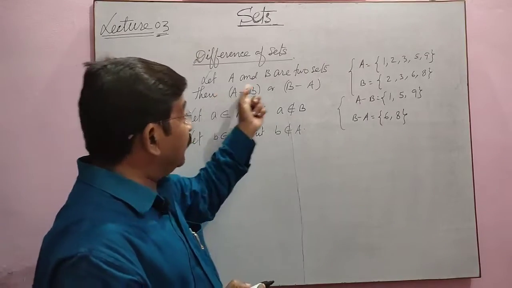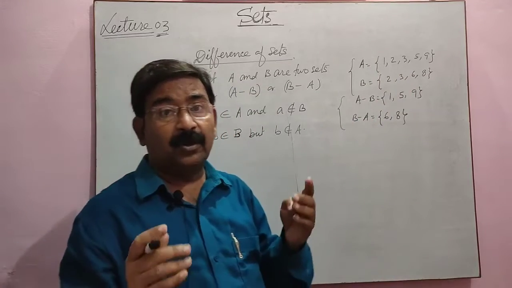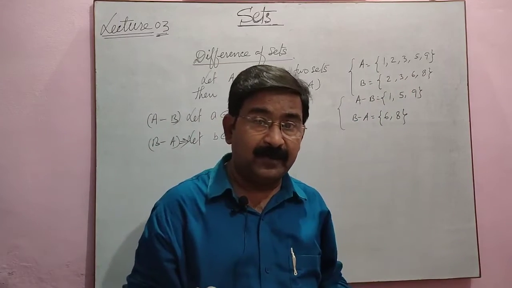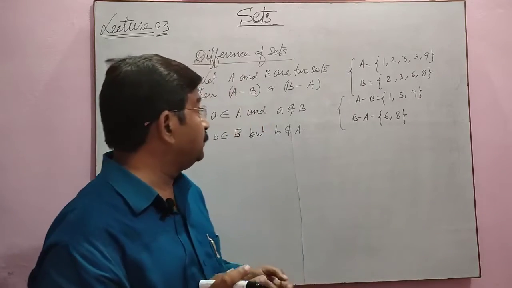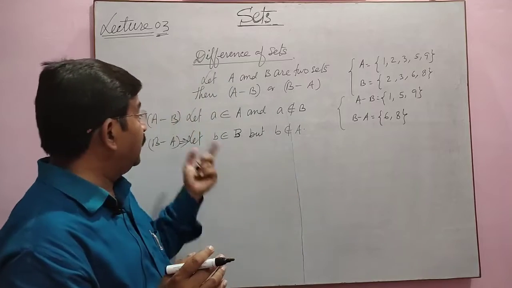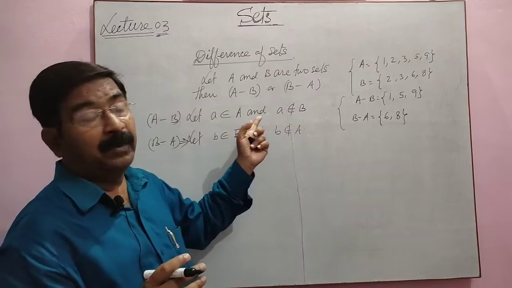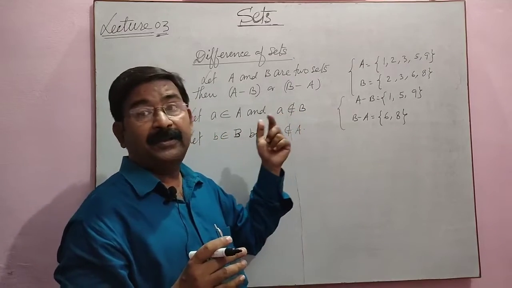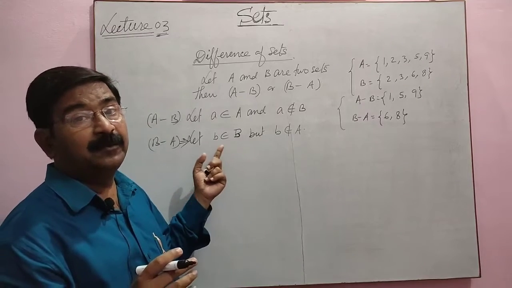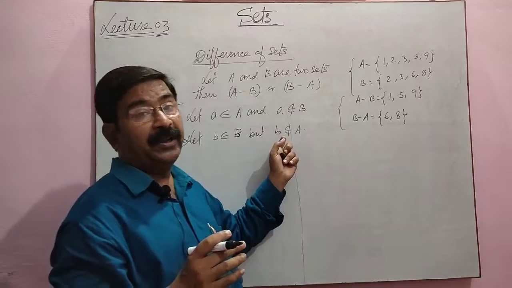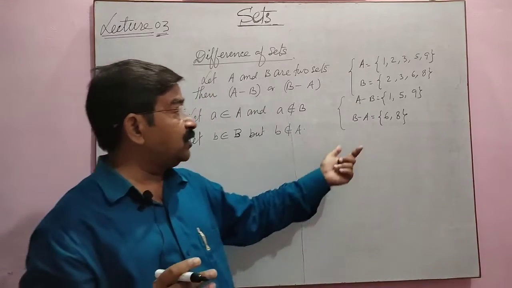In your own language you can say A minus B is the elements of A which are not found in B, and B minus A is the elements of B which are not found in A. But in our own language, let any arbitrary element of A belong to A but not belong to B, it shows A minus B. And if any element of B belongs to B but not to A, this is B minus A. And what was the conclusion?